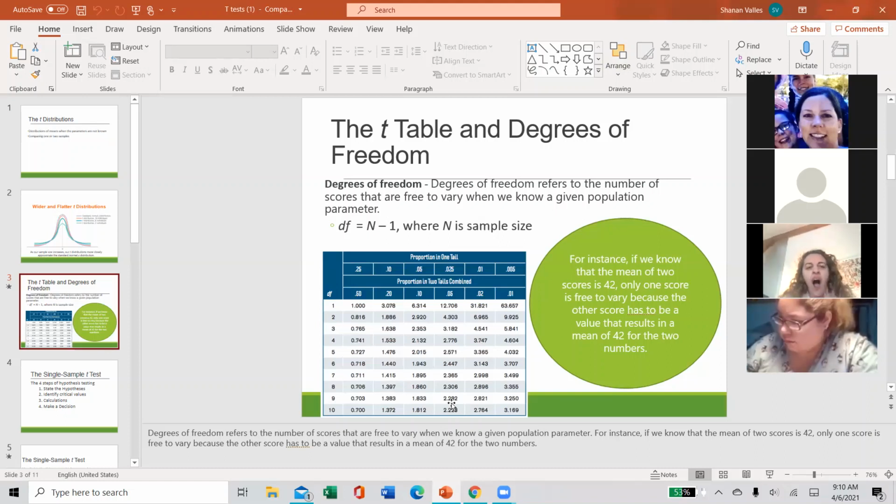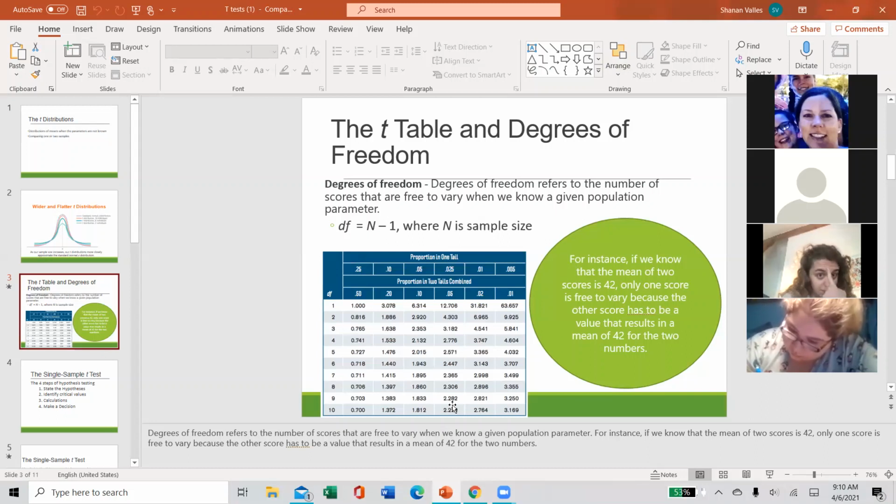Now this number that we are finding, this 2.282, if we remember, it's our critical values. It's the critical values that we're going to use to determine the rejection region. We talked about these things, but until we start to put it into practice, it's not really going to make much sense.